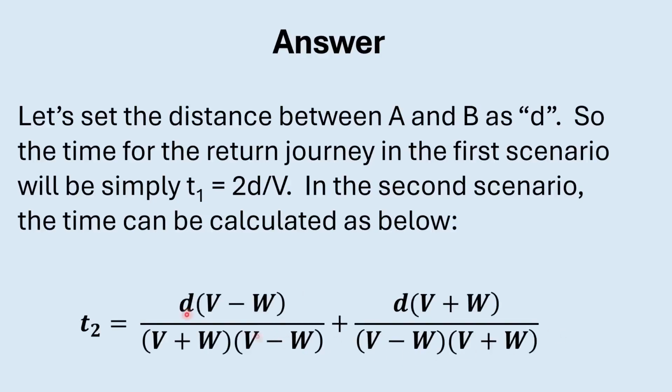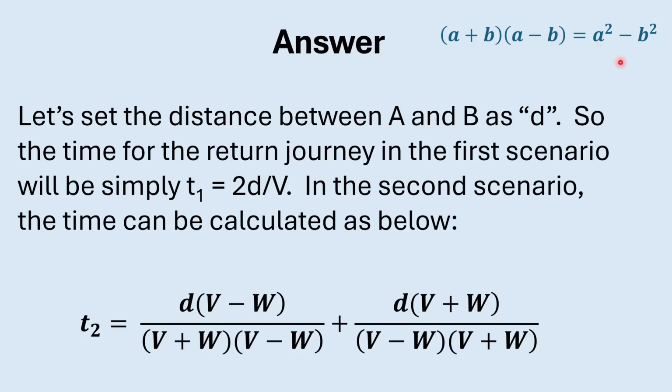Okay, and from here, for the top, it is very easy to open these brackets by using d to multiply v and w and keep the minus or plus sign the same. And for the bottom, if you calculate v plus w times v minus w in brackets, we can use a very important formula in mathematics: a plus b times a minus b is equal to a squared minus b squared.